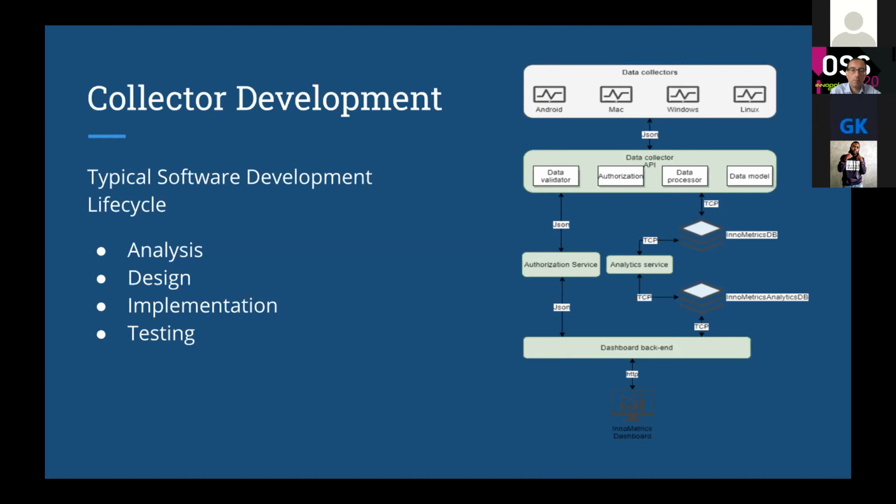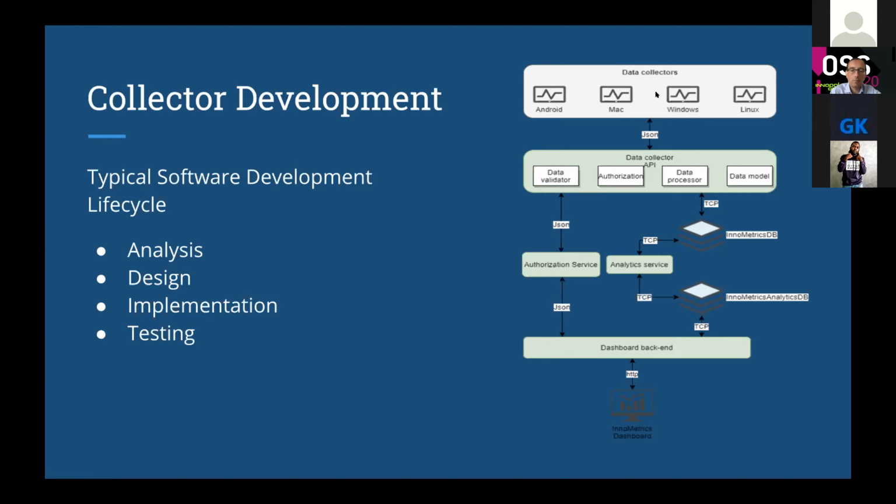And for the design, as you can see, we have an architecture to the right. This was the architecture that we used in the entire development. We have the back end, and we have a dashboard to show the statistics to users, and our collector lies in the two layers above.